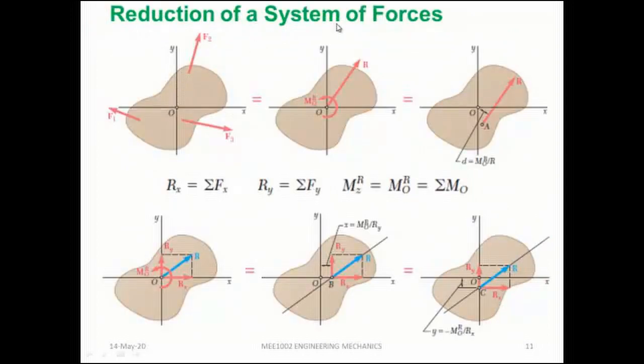Reduction of a system of forces. Okay, these all are equal. As we saw in the previous slide, we take three forces acting on a body which is in a plane. So for all these forces there will be a resultant. That resultant will be acting at some other place.